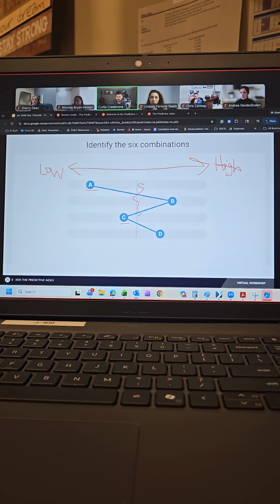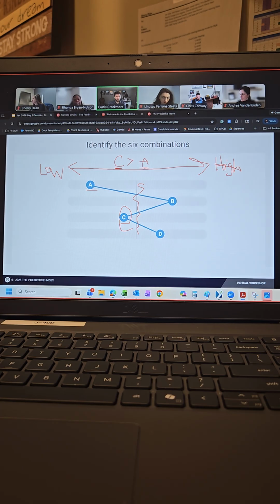It really doesn't have anything to do with the midpoint here. The farther to the right you are, the higher you are for that factor, even if, in this case, this person is lower on their patience, but it is still higher than their dominance factor. So in that case, when we're looking at C and A, C is greater than A. So we always start with the higher of the 2 factors is greater than the lower of the 2 factors.